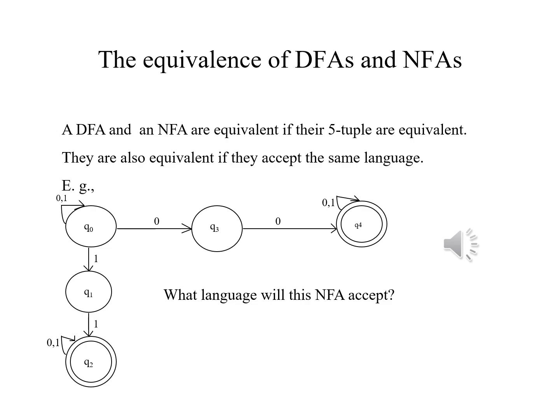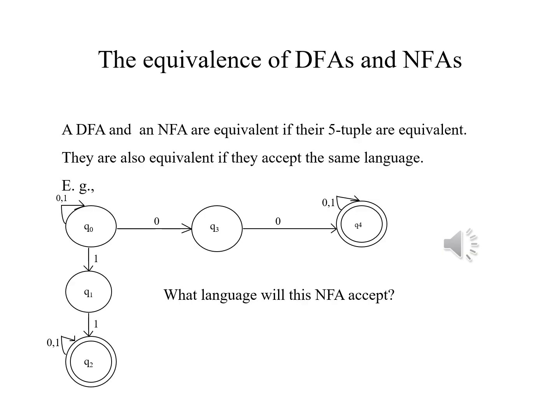On the other hand, they can also be taken as equivalent if they accept the same language. That means that whatever strings one accepts, the other will also accept. Whatever strings one will reject will also be rejected by the other.